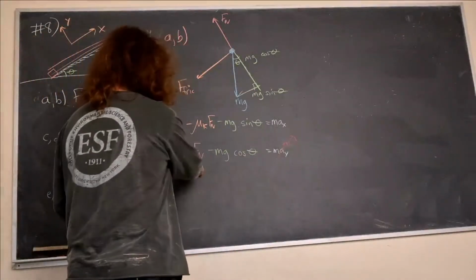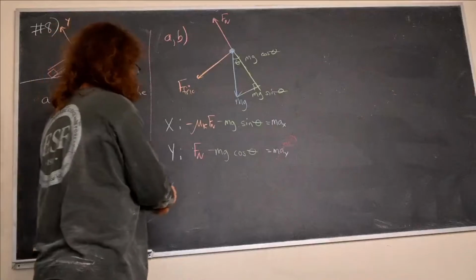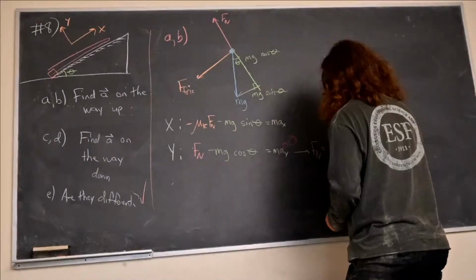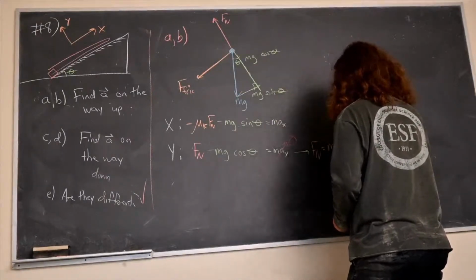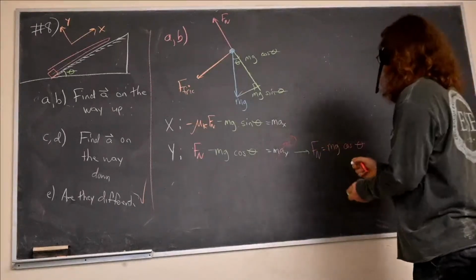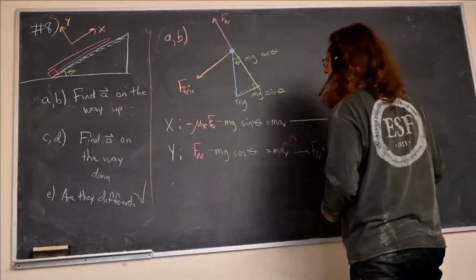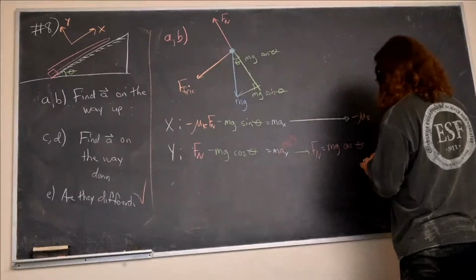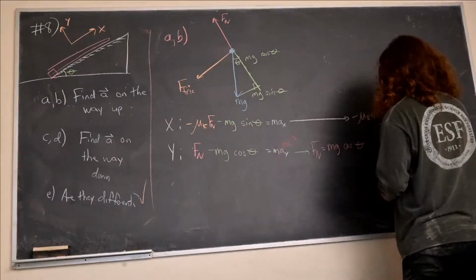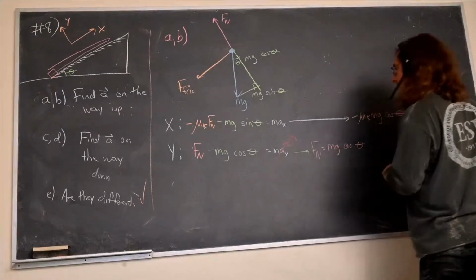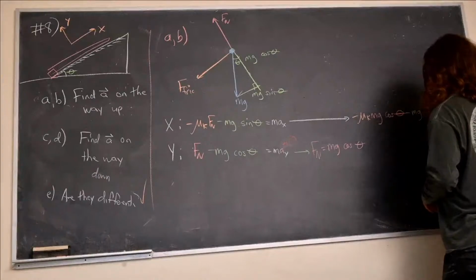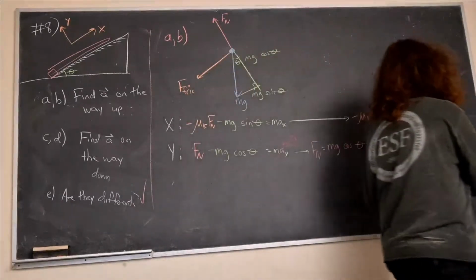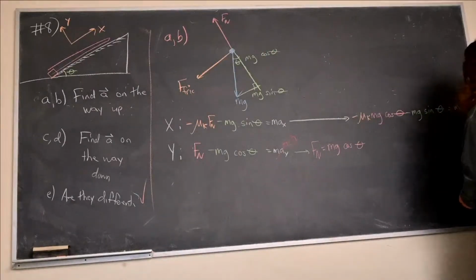So now we do math. We're going to solve for the normal force and plug it in here. So this tells us that the normal force is equal to the component of the weight perpendicular to the slope, which you could probably expect. And then substituting this in here, I have minus mu k mg cosine theta minus mg sine theta equals max.